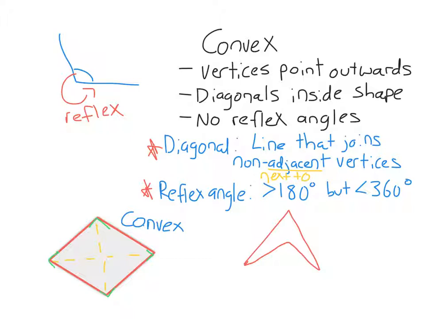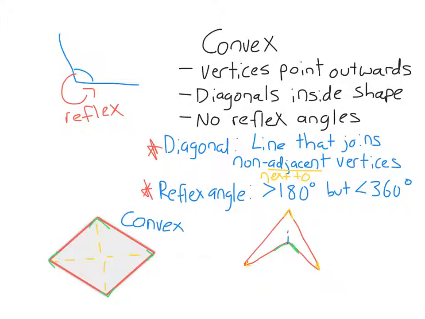So let's have a look at why. So let's start by looking at its vertices. Well, it has one here that's pointing outwards, and another pointing outwards, but this vertex here is pointing inwards towards the center of the shape. So it has a vertex that does not point outwards. Let's look at its diagonals. So remember, diagonals are lines that join non-adjacent vertices.